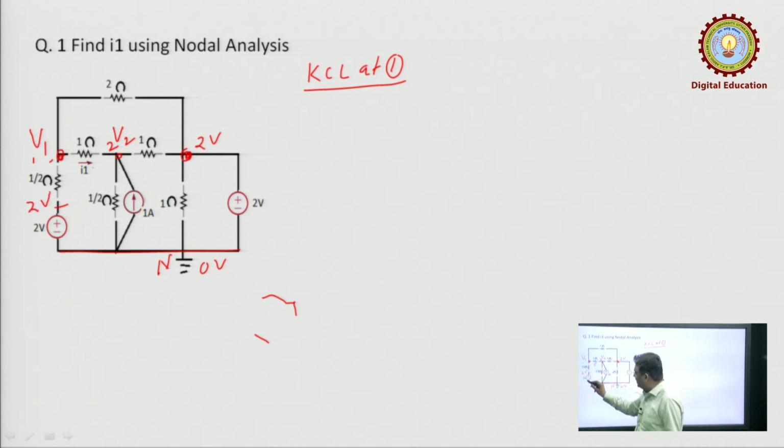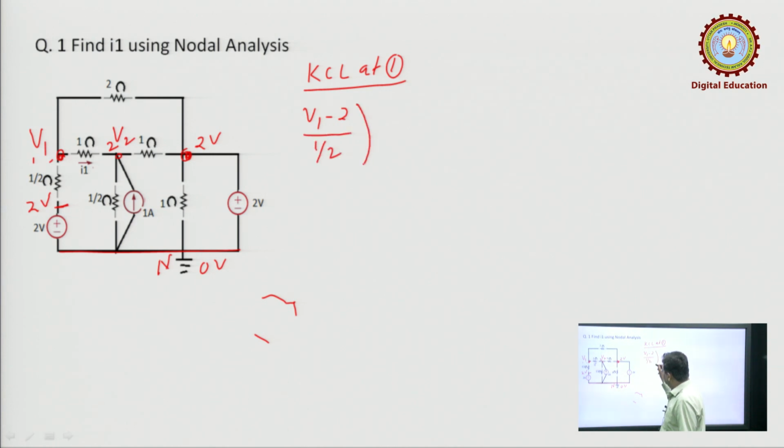So what will be the current in this branch? V1 minus 2 upon the resistance, the difference of voltage divided by resistance, and V1 is greater than this, so it will give outward current, which is considered positive. So the current in this branch is V1 minus 2 upon 1 by 2. This will be the current in the first branch.